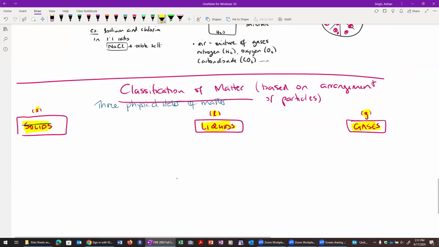So in the solid state, what we're going to see is that the particles are arranged, first of all, fixed, meaning they don't move. The particles are also very close to each other.